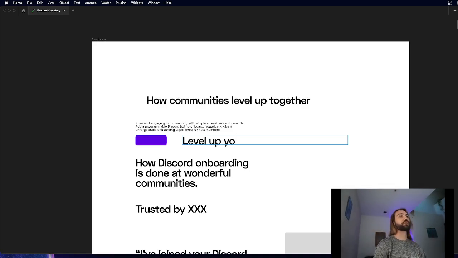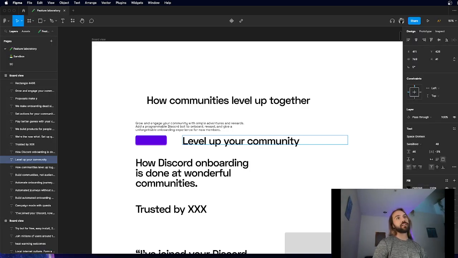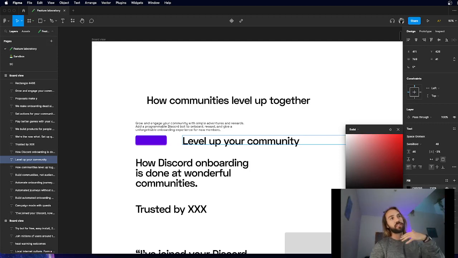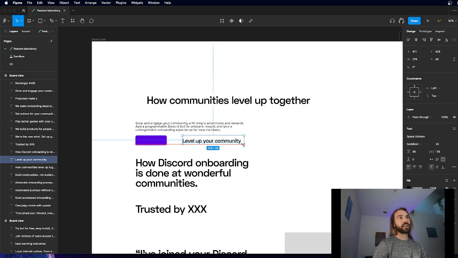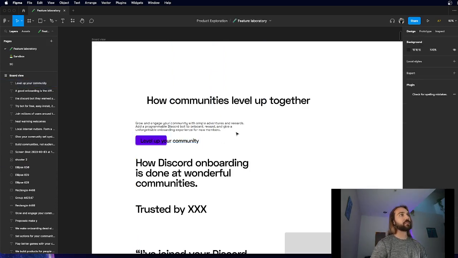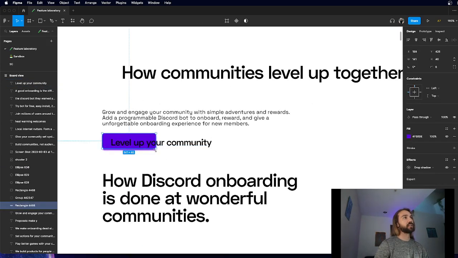So "level up your community" is a potential button copy here, and it's also playing into this leveling process, which could be interesting because that's a gamified thing, and we could have some cool designs around that, like Mario and mushrooms getting bigger, etc. So you can do some fun stuff around there.